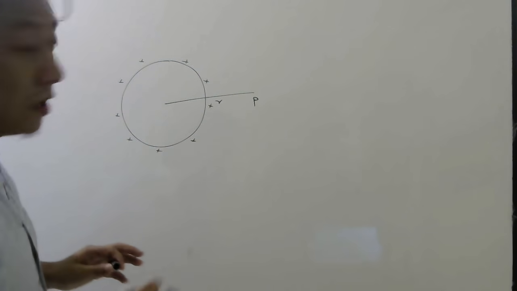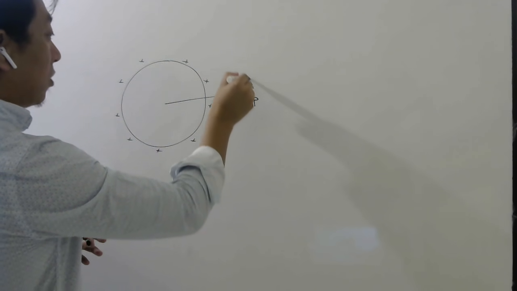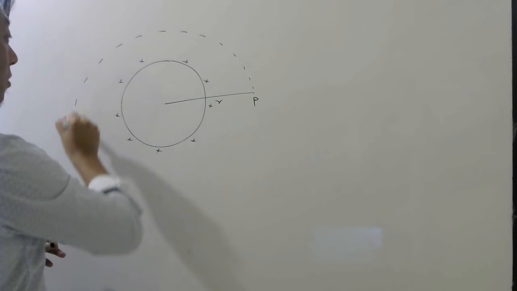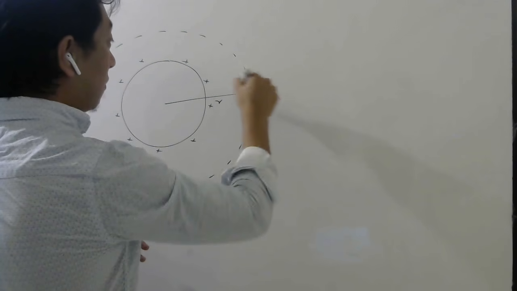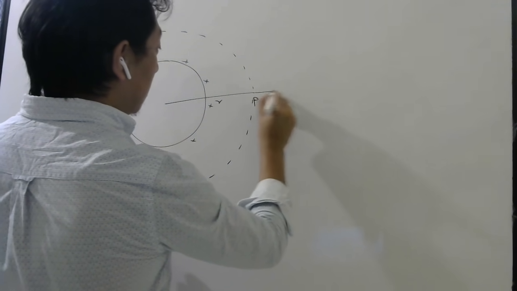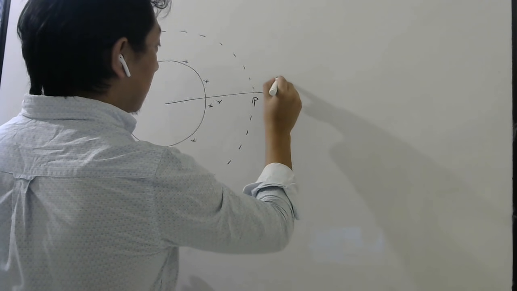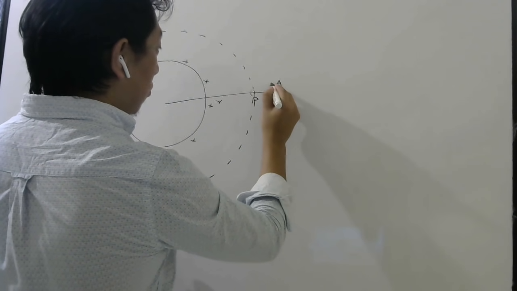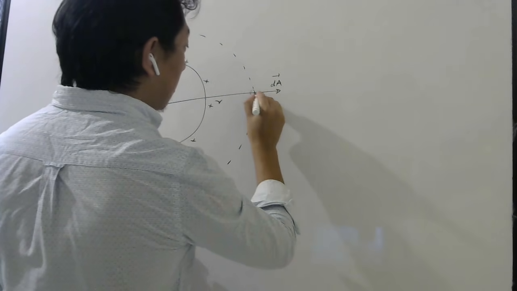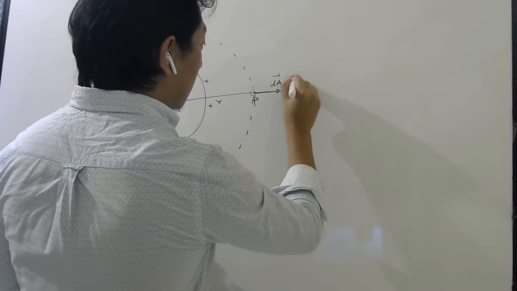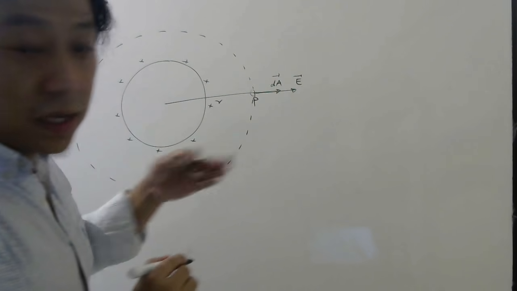Then I imagine a Gaussian surface passing through that point. Everywhere the area vector will be this way, dA for a small area, and since it is spherical charge, electric field will also be this way, everywhere. So what is the left side of Gauss law?